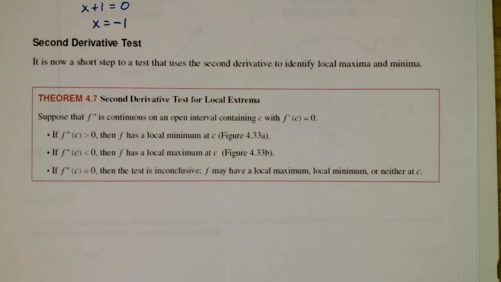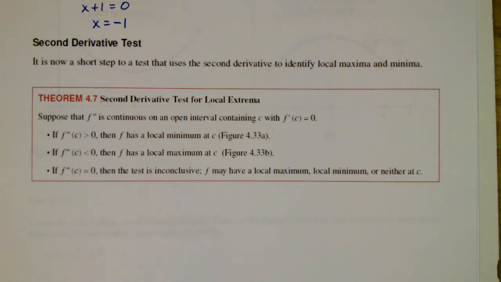So here's the theorem. Suppose that f double prime is continuous on an open interval containing c, with f prime of c equaling 0. If f double prime of c is positive, then the function will have a local minimum at c.